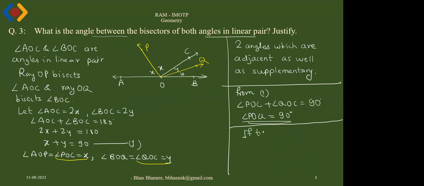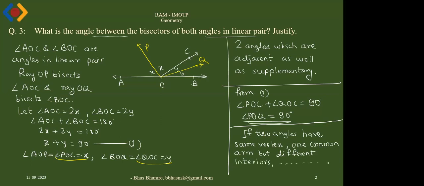If two angles have the same vertex, one common arm, but different interiors, then they are termed as adjacent angles. So there are three conditions: same vertex, one common arm, and different interiors.